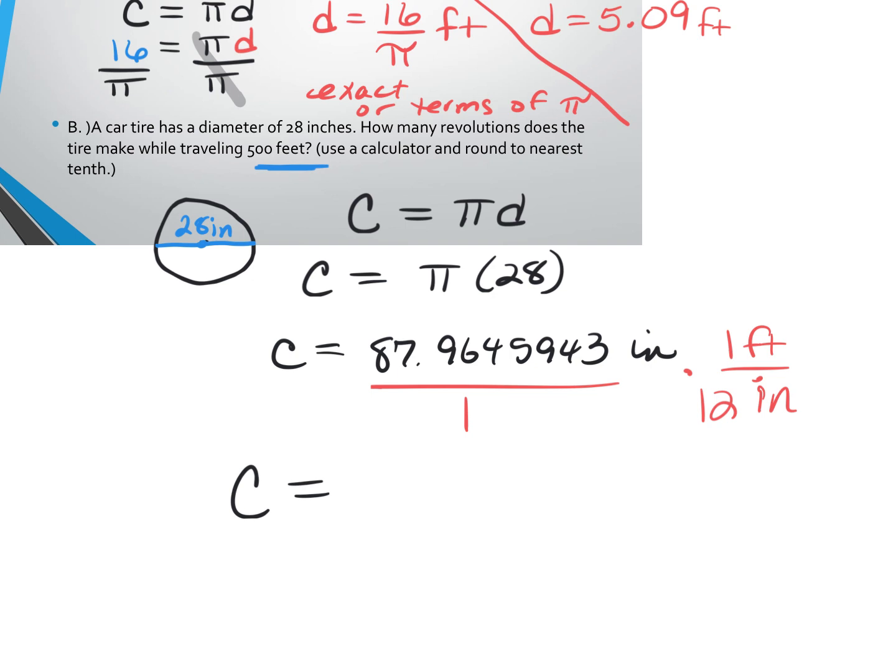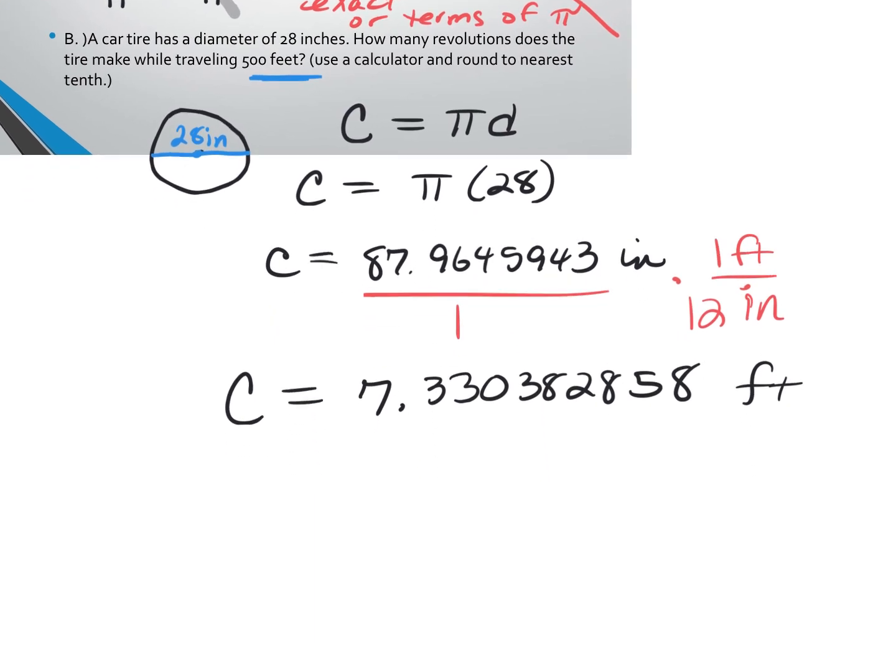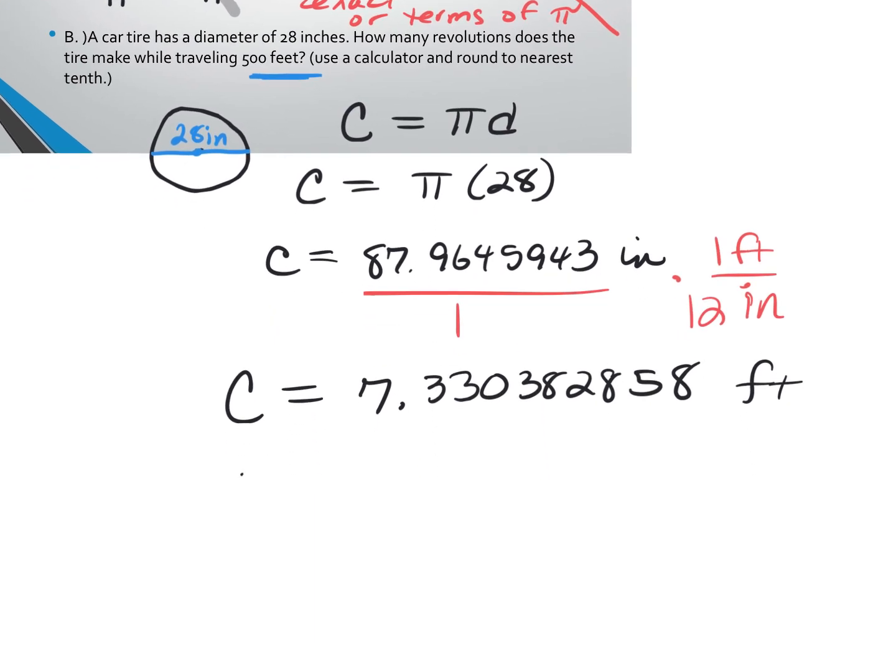So once I divide 87.9645943 by 12, I get 7.33, and I'm going to keep the long number. I'm not rounding until the end. And now these are feet. Now I have to figure out how many revolutions this tire will make. So I take the 500 feet and I'm going to divide it by that circumference.